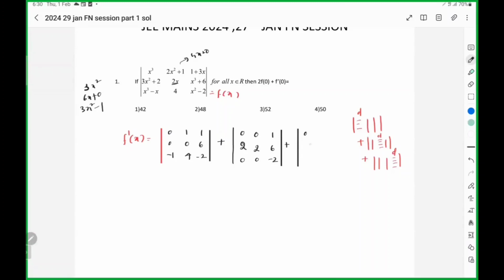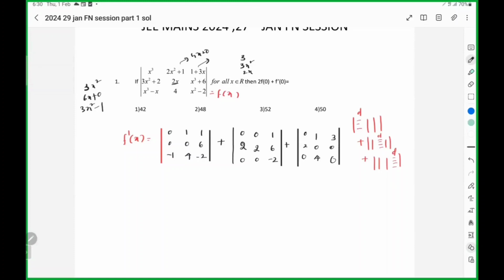Putting zeros in place of x and differentiating this column, 3x square, 2x, that is 3, 0, 0.